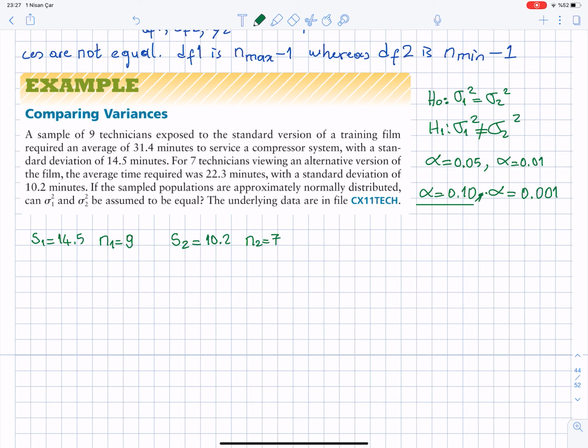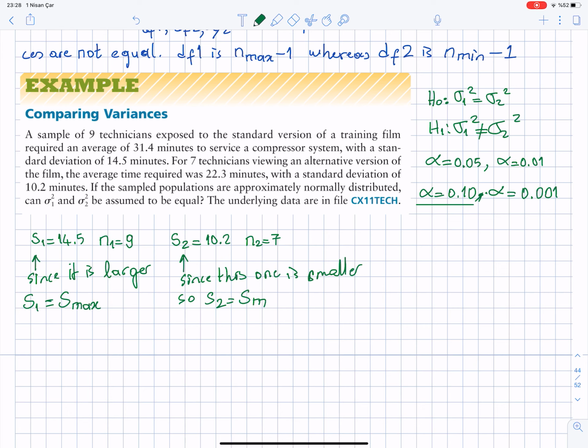In this case, S1 is larger, so S1 is S maximum. S2 is smaller, so S2 is S minimum.